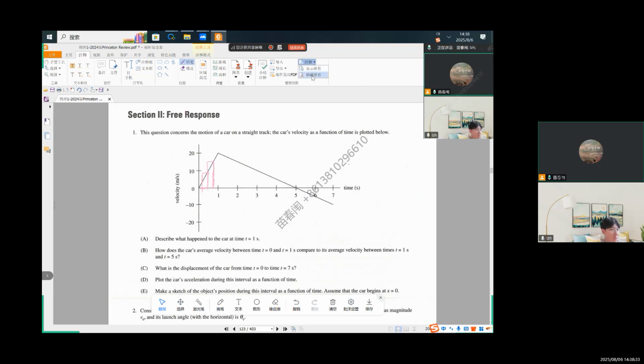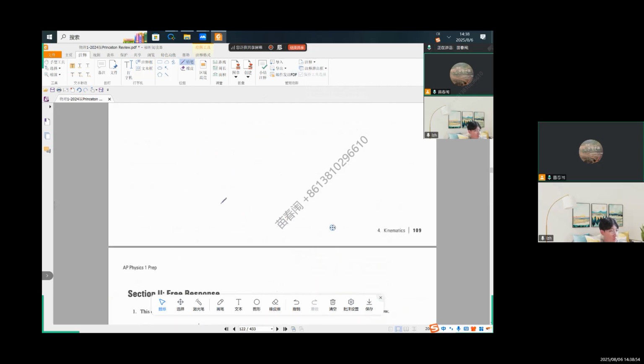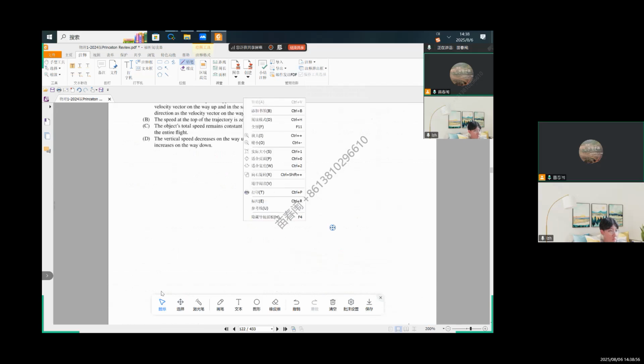Very nice, you recognize it. So I basically add so many rectangular areas. Each one of them is a little area, and each one of them is a little tiny distance. I add a lot of tiny displacements and I accumulate my displacement. I add a lot of tiny areas and I get my total area.